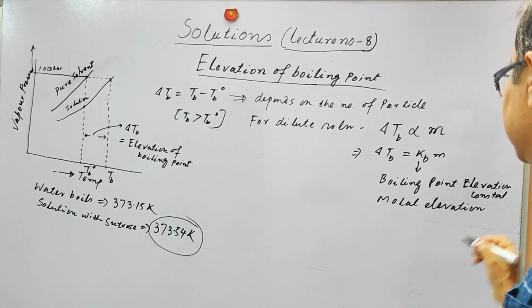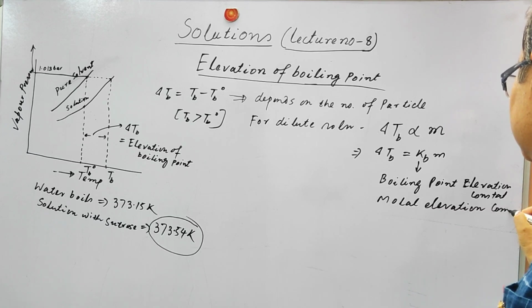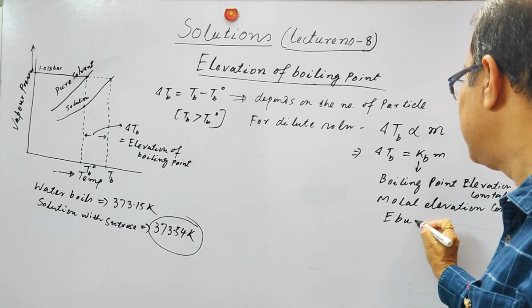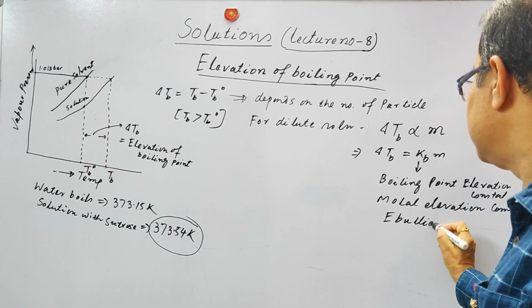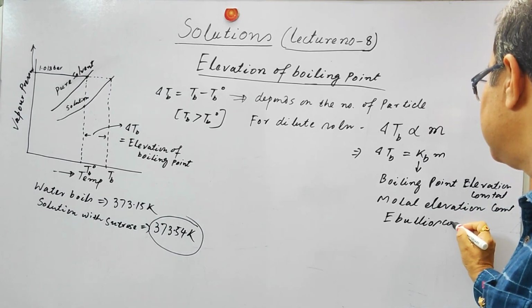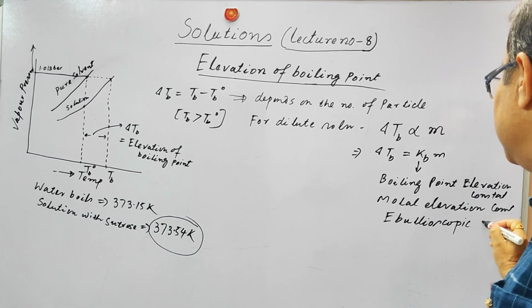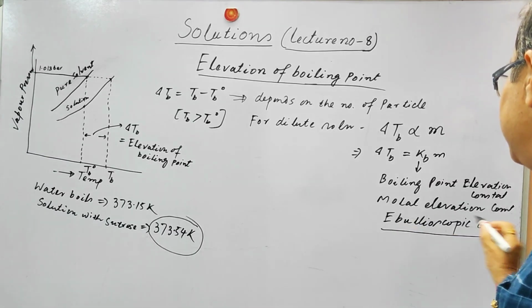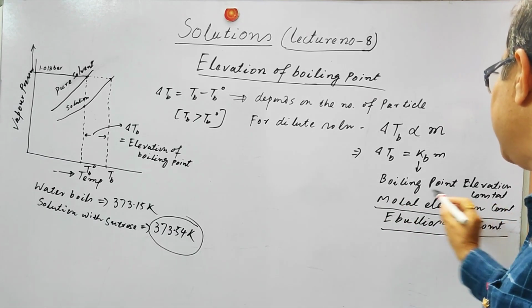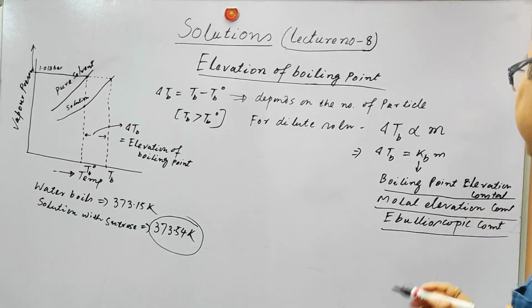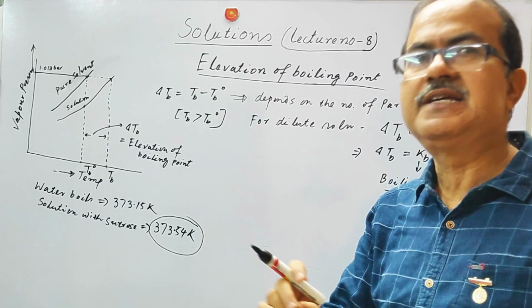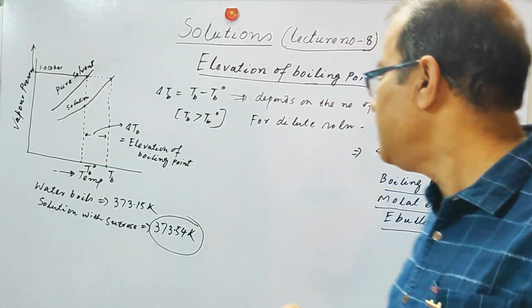Another term, ebullioscopic constant. It has 3 names: ebullioscopic constant, molar elevation constant, and boiling point elevation constant. Is Kb. Kb is basically the characteristic of the solvent.